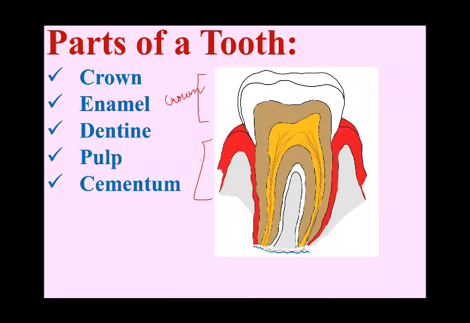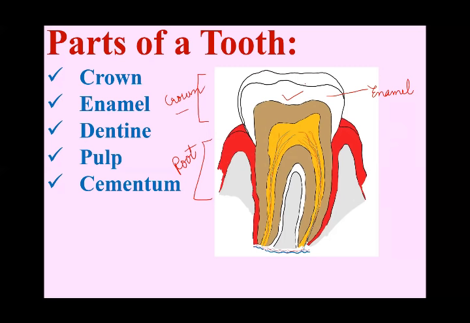The part which cannot be viewed because it is under the gums is known as the root. The crown is white in color and is covered by enamel. Enamel is a hard and strong white substance which covers the crown, and its function is to protect the internal structure of the tooth.